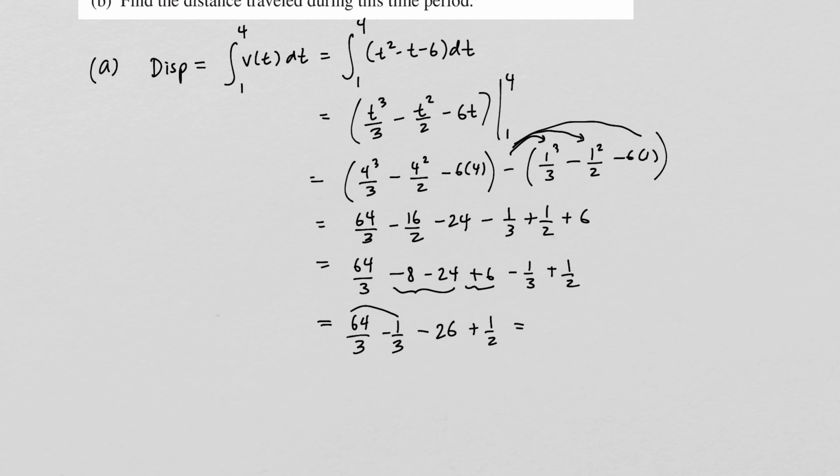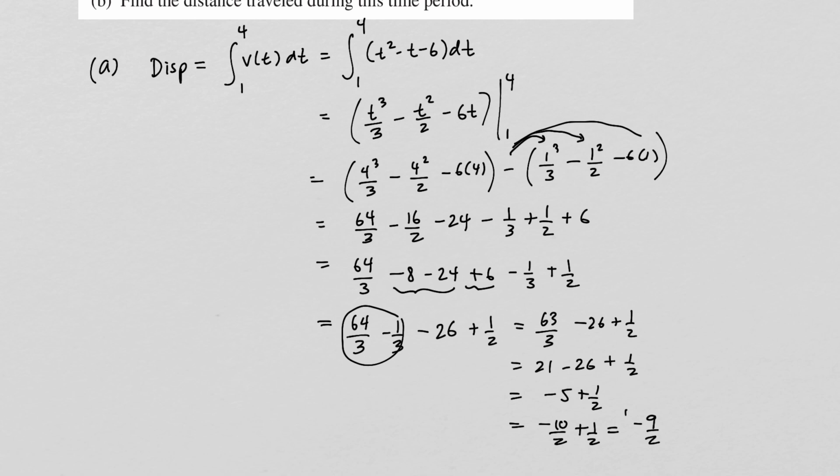Let's see, this is 63 over 3 minus 26 plus 1/2. 63 divided by 3 is 21 minus 26 plus 1/2. This is negative 5 plus 1/2. And that is finally negative 10 over 2 plus 1 over 2, or negative 9 over 2.